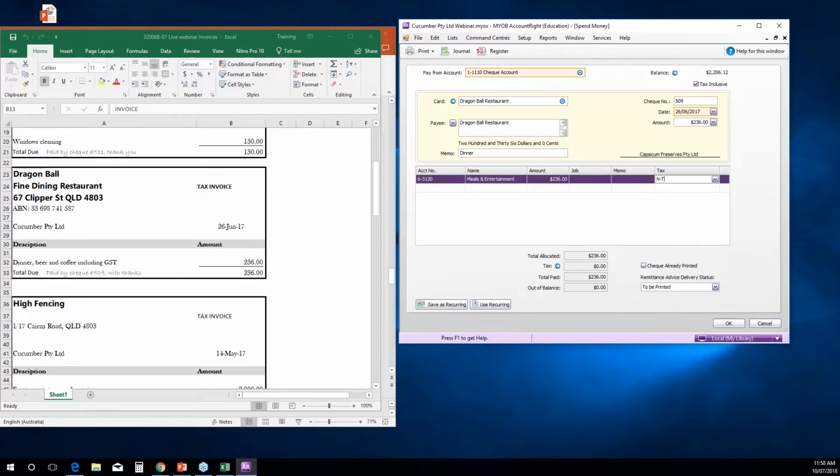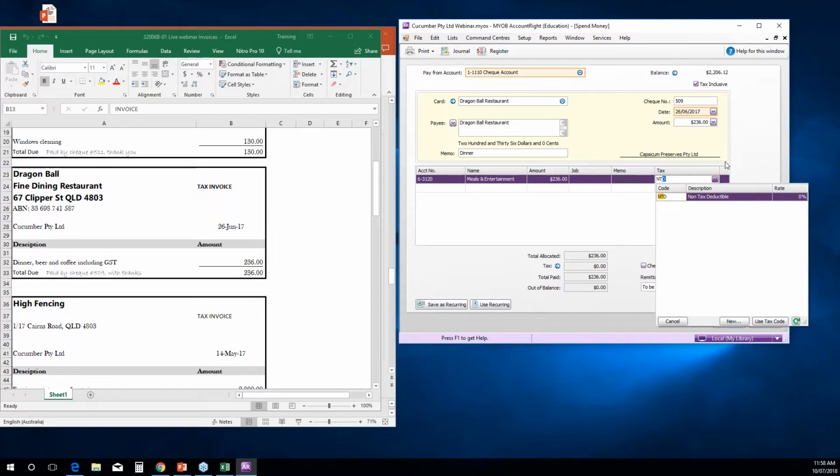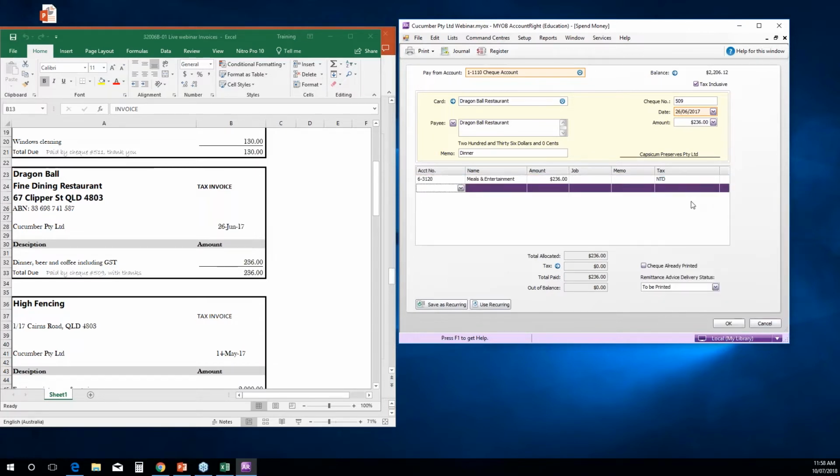But as an expense, you will still have to report this to the ATO, but GST cannot be claimed. So I'm going to use the tax code NTD, non-tax deductible, right? So that's it. I'm going to say okay.